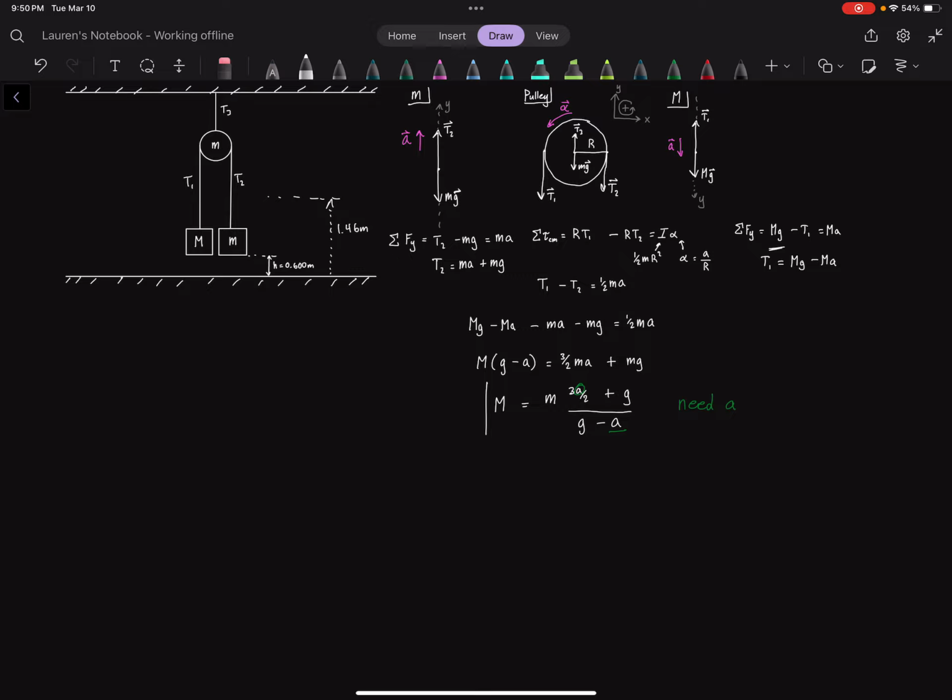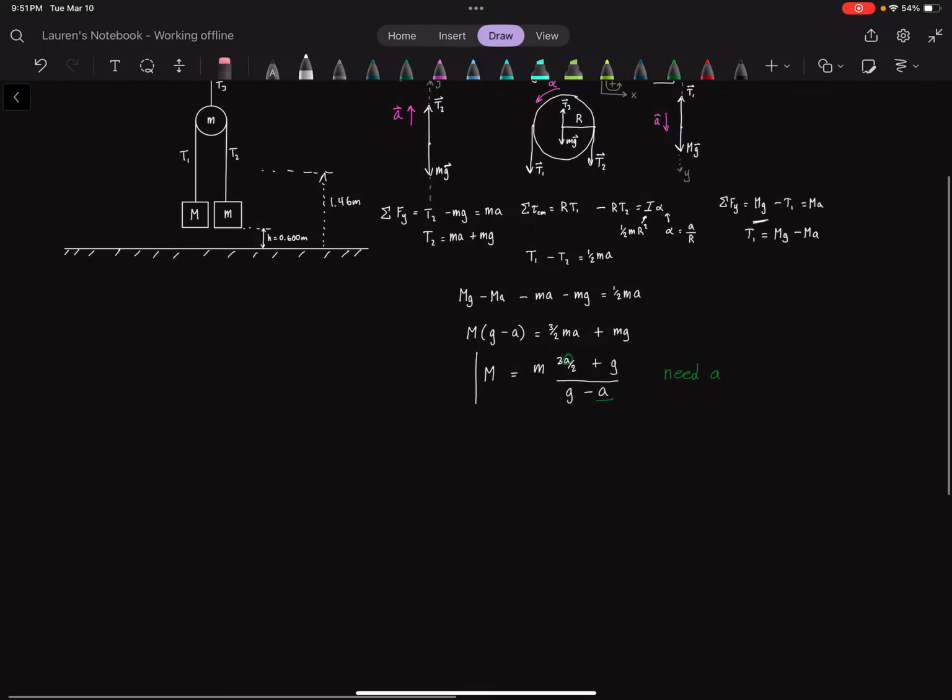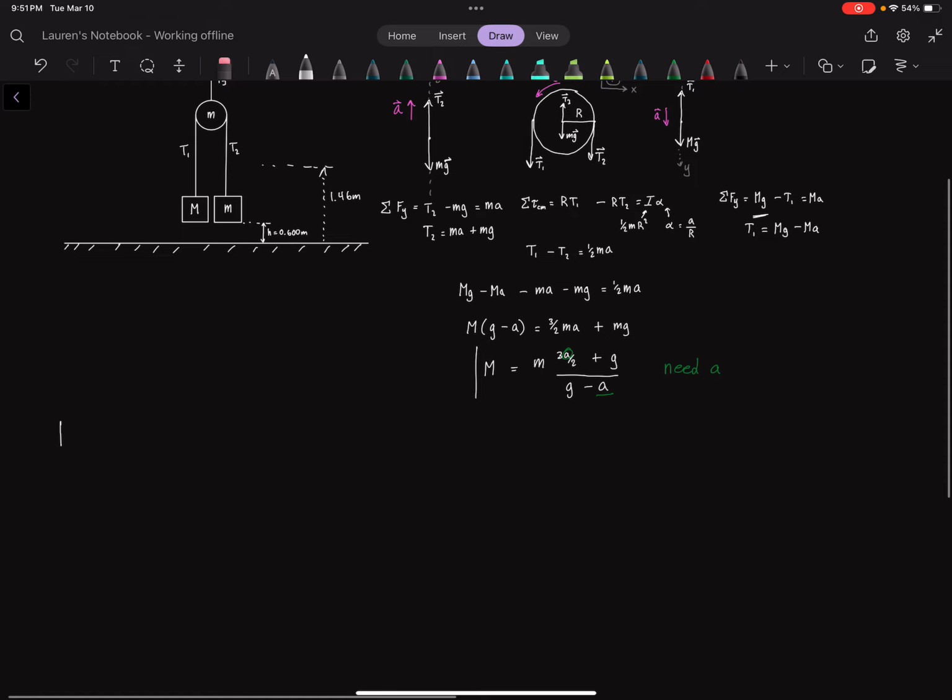The total height that the little m reaches at the end is 1.46 meters, starting 0.6 meters off the ground. So this is kind of like a double segment constant acceleration problem.